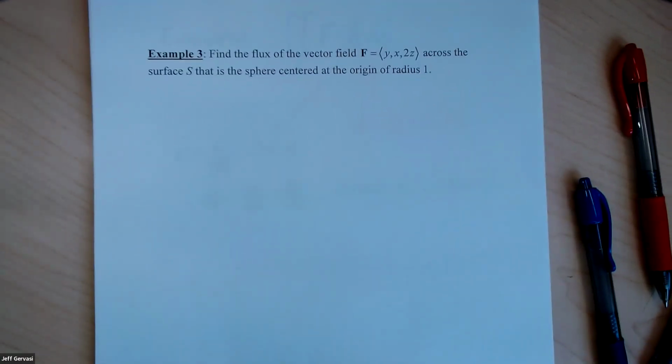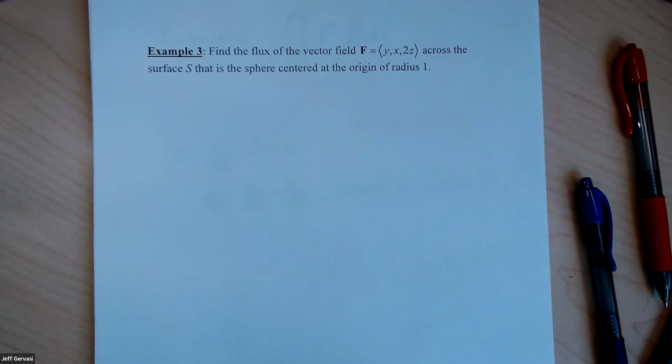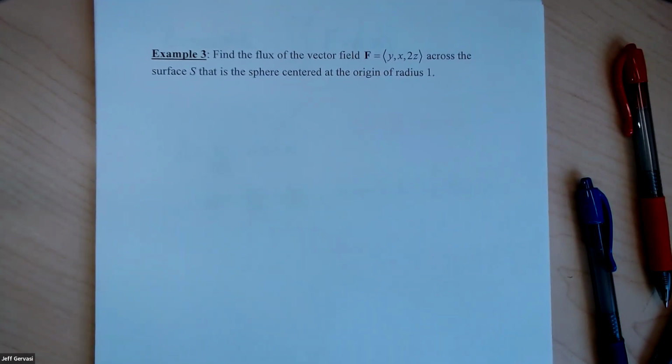Here we want to find the flux of the vector field y, x, 2z, across the surface S that is the entire sphere centered at the origin of radius 1. Okay?